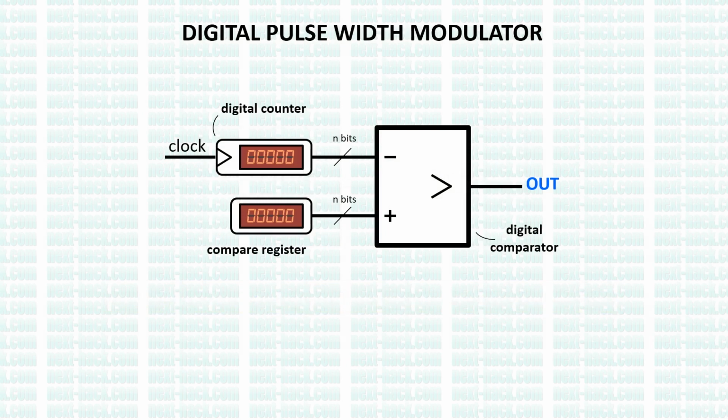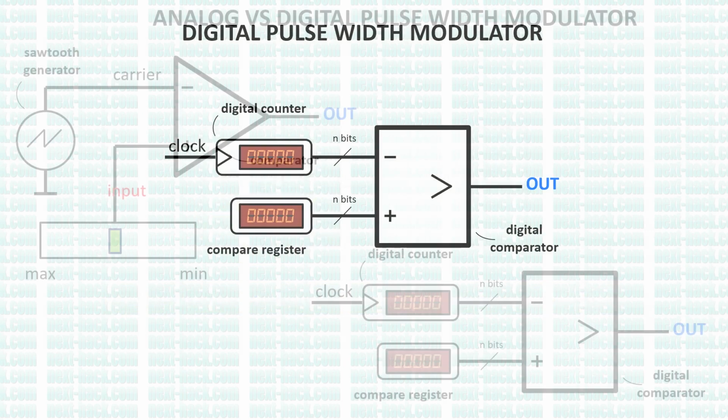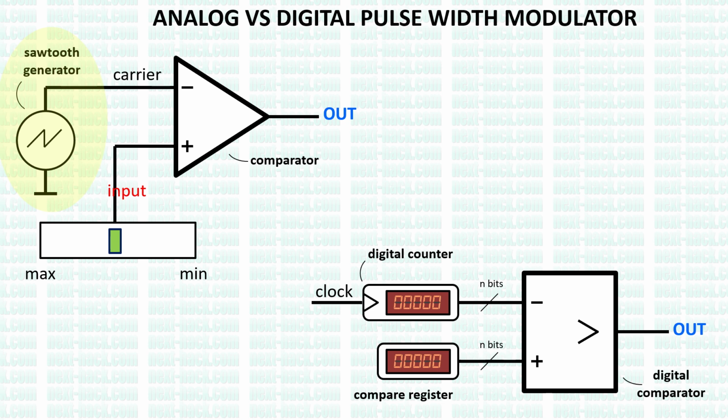To generate the rectangular wave with the desired duty cycle, we just need to use the PWM function of our microcontroller. It consists of an up-counting timer, which is continuously compared to a particular register, the compare register. Instead of a continuous ramp, we have a digital counter.